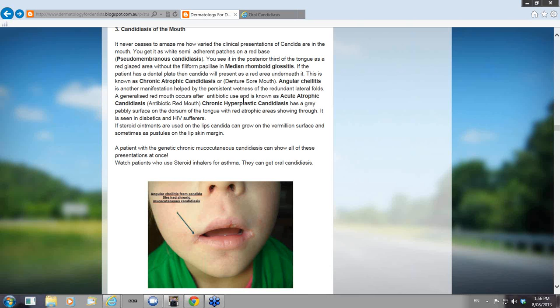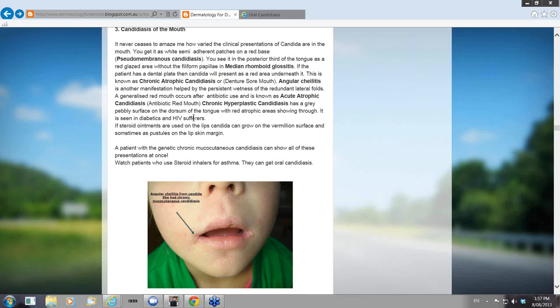There's a few other terms that are used. The generalized red mouth that occurs after antibiotic use is known as acute atrophic candidiasis, antibiotic red mouth. Then you get chronic hyperplastic candidiasis. Now, that has a rough, sort of pebbly surface.